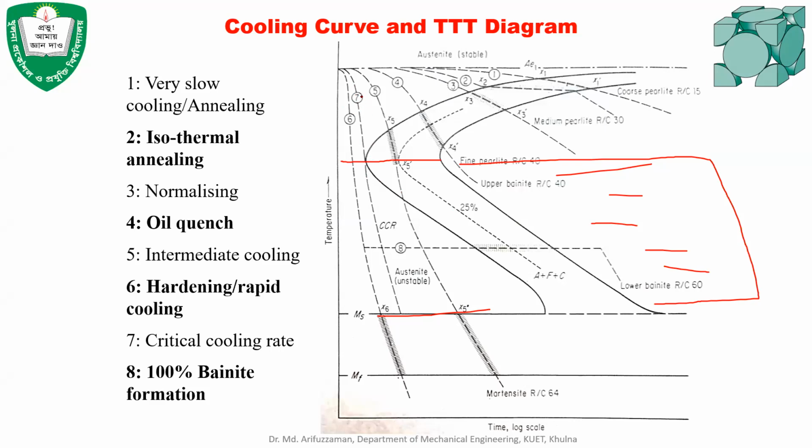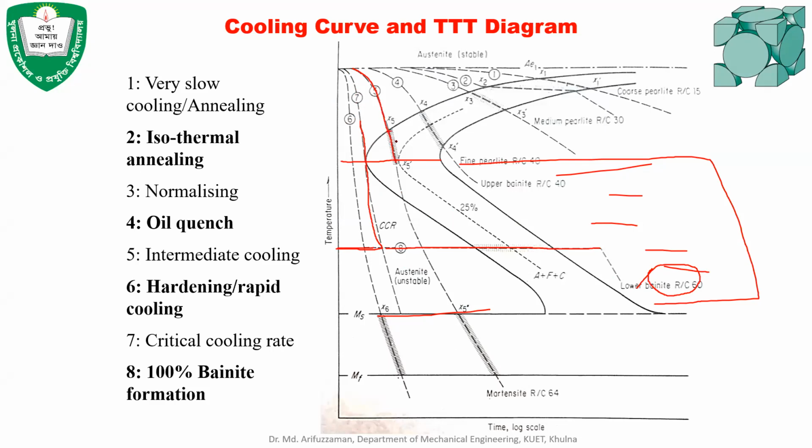Okay, you need to set a cooling rate which does not intersect with the nose region. That means a higher cooling rate, and keep it at a certain temperature. Let's say you keep it at this temperature, then the transformation will take place and bainite will be produced. So if you want to obtain both pearlite and bainite, then you apply the cooling rate of 5.